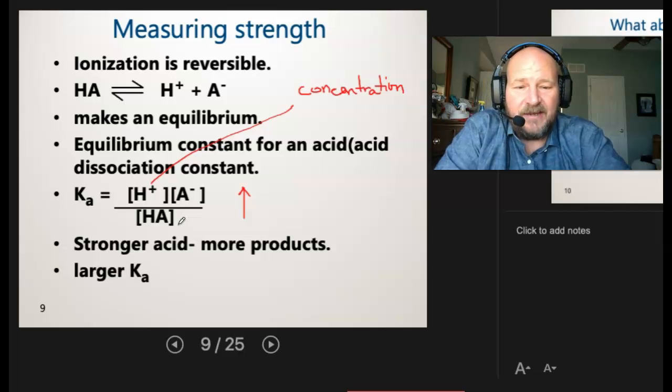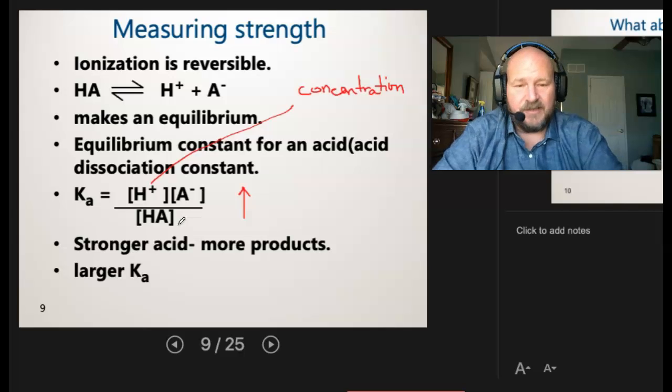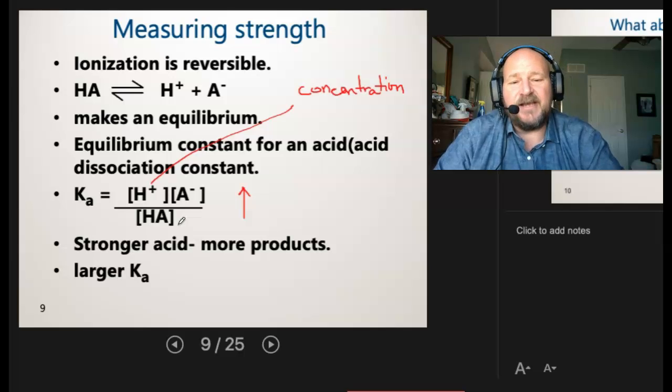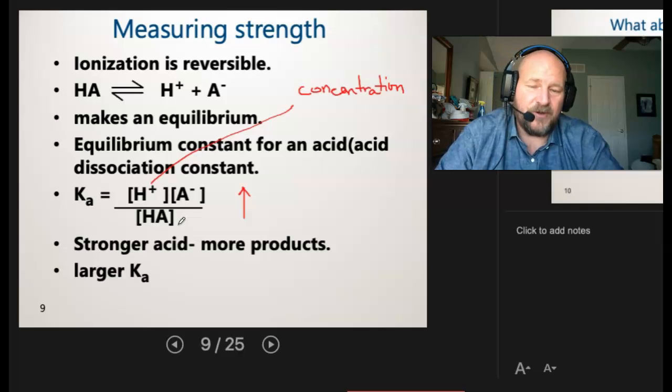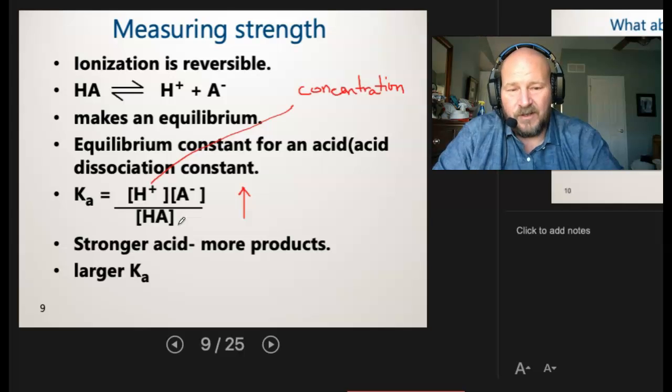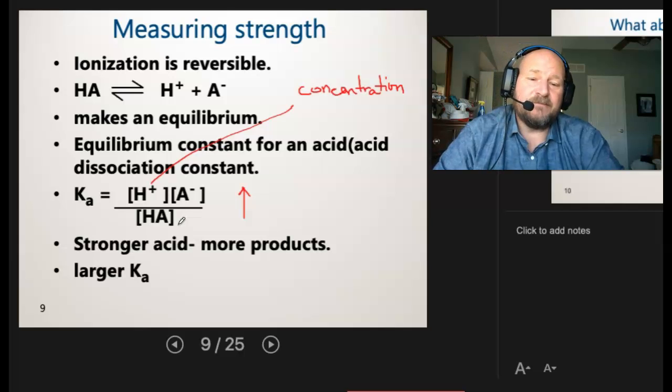So Ka is taking into account the type of acid, whether it's strong or weak, right? So whether it's going to easily ionize or not. It's taking into account how many H's are coming off. Is it monoprotic, diprotic, or triprotic? And it's taking into account the overall concentration of the acid, so whether you used 1 molar or 15 molar.